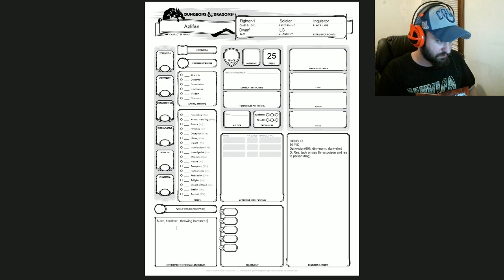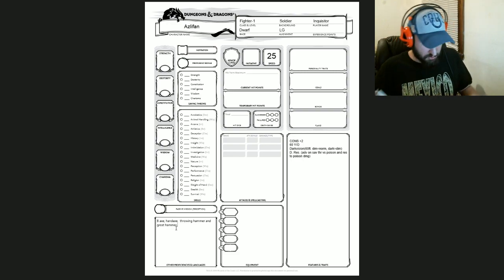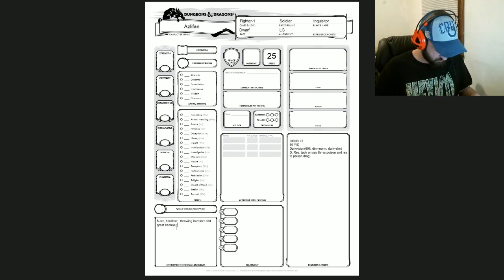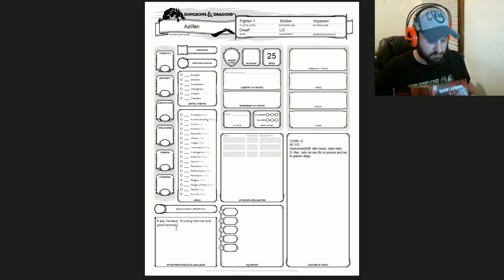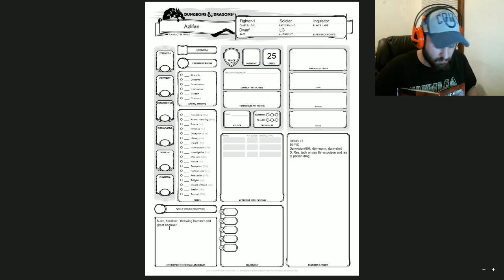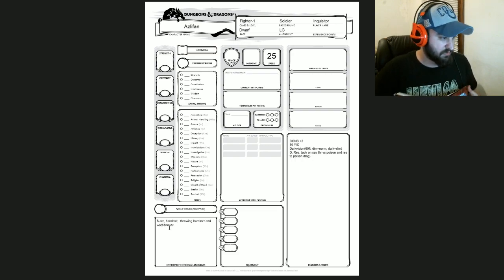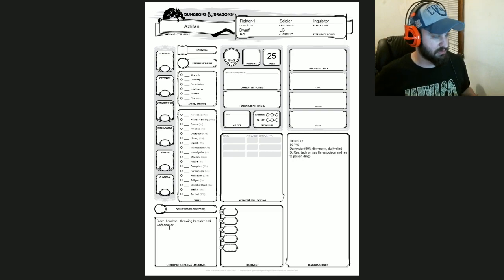It really doesn't matter, because the fighter gets proficiency with almost every weapon. But even then, you know, it's not great hammer. Sorry, I do apologize. It's war hammer. I was thinking of great axe. I am sorry about that.